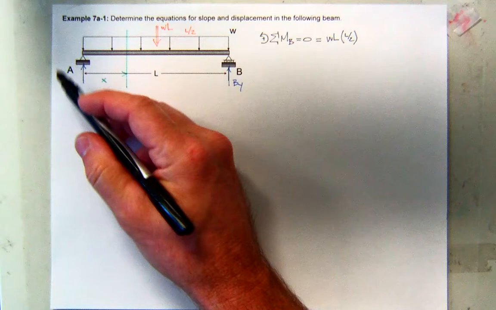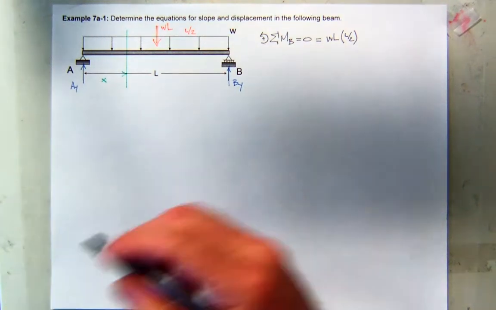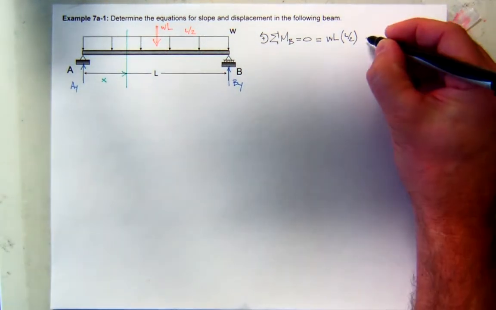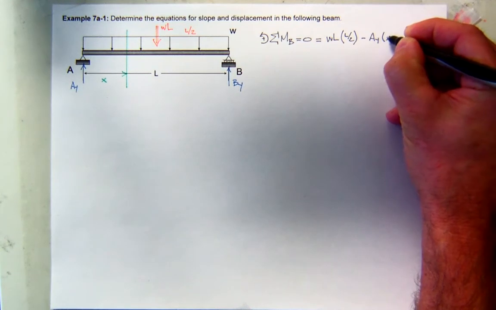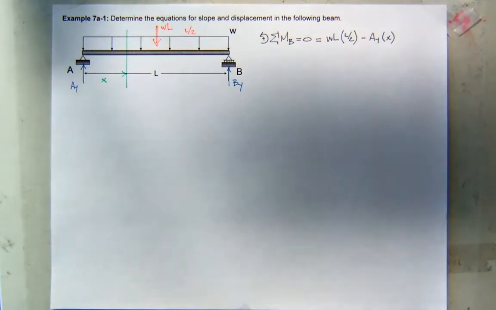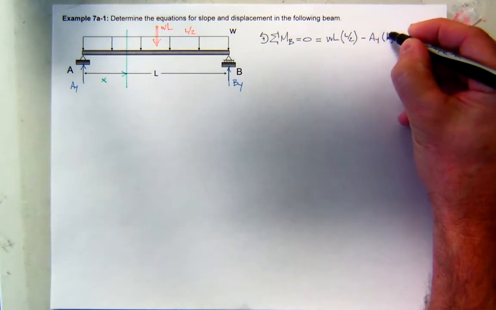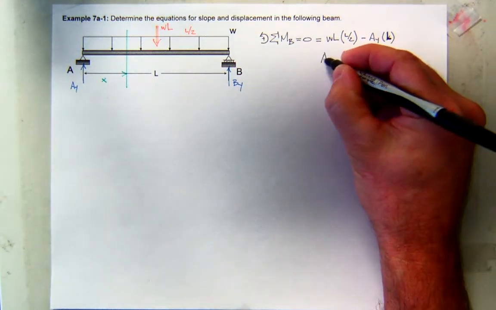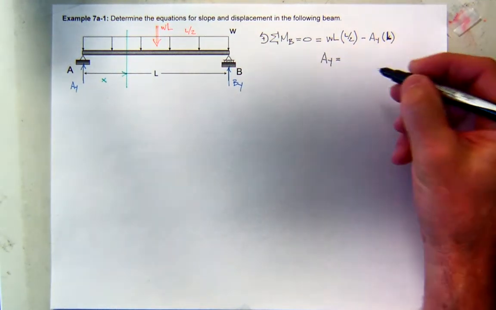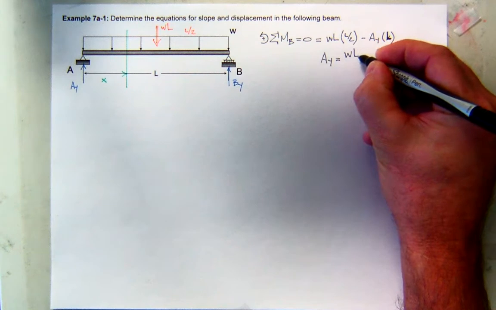And then in response to that, there's a moment generated at A, and that comes out as a negative moment, and that will be A_Y is the force, and the distance is L. So I should be able to solve for A_Y, and it's just going to be WL over 2.